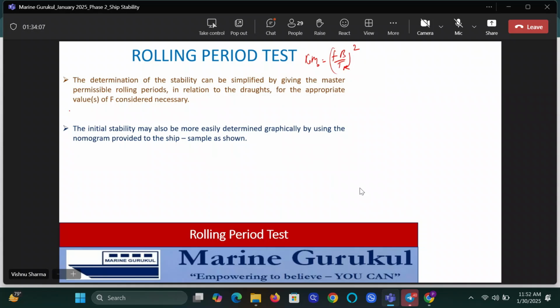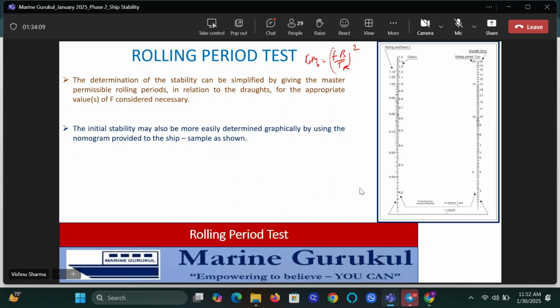What type of nomogram are we talking about? We're talking about a nomogram like this. It has 2 scales on each of the y-axis. Here you have the rolling coefficient scale. Here you have the GM scale. Here you have the rolling period scale, and here you have the breadth scale.